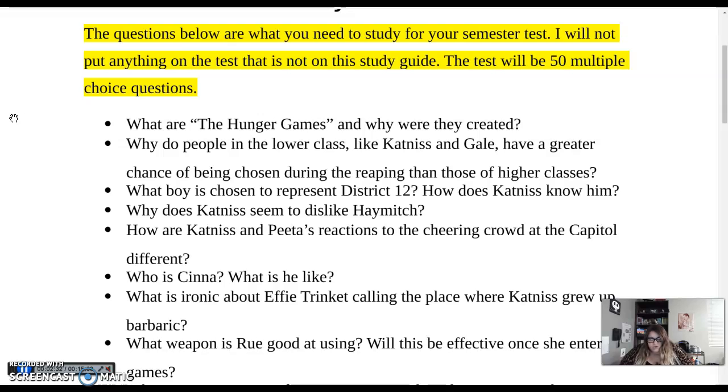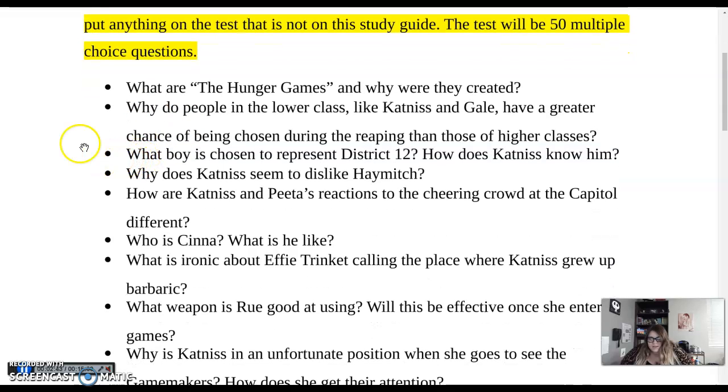So they have a greater chance of being chosen than people who have more stuff and don't have to put their name in more because they already have the things they need. So that's a pretty simple answer as well, but again, you may have forgotten some of these earlier things.